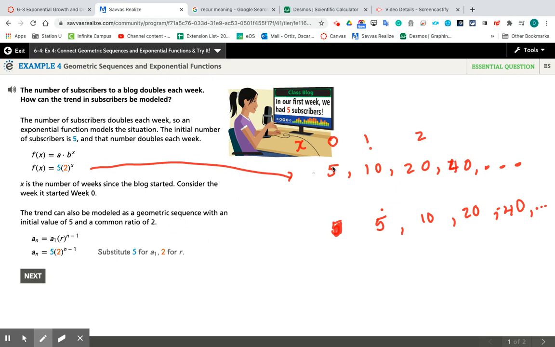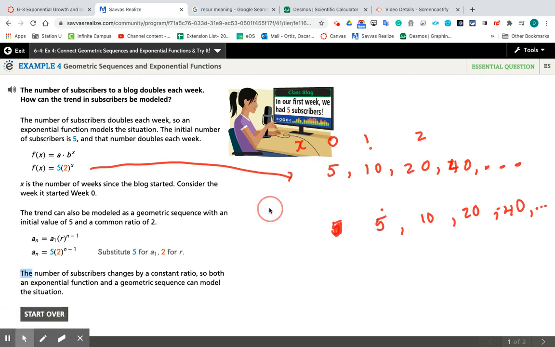That's why if you want to find something here, we'll have to take that into account. The number of subscribers changes by a constant ratio.